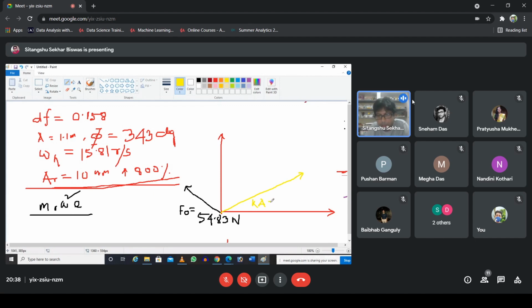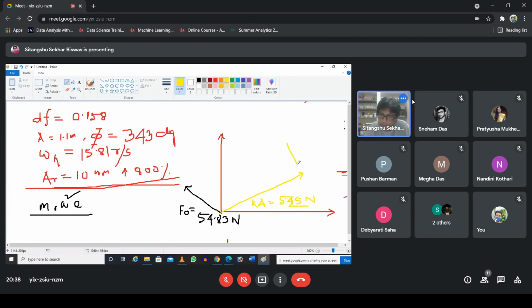So we already know the amplitude. You know K. What is this Ka? You tell me. 5450. These are in mm, though. Oh, yes, sorry. So it will be 5.45 Newton.